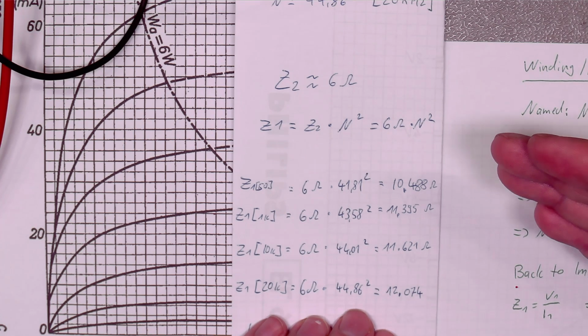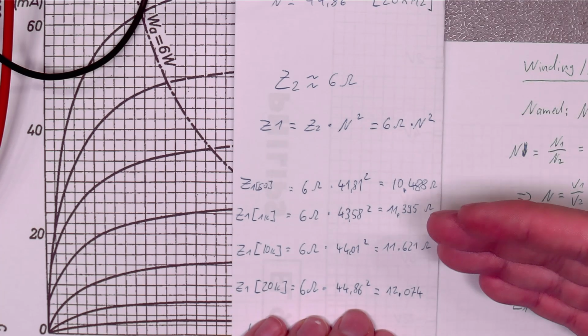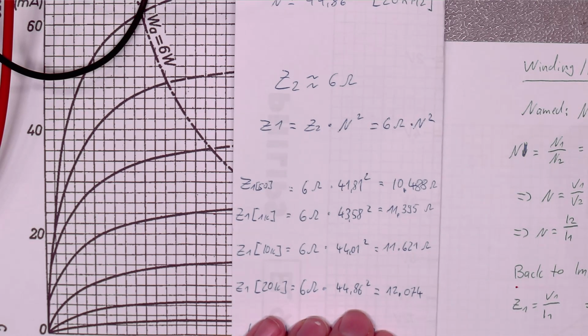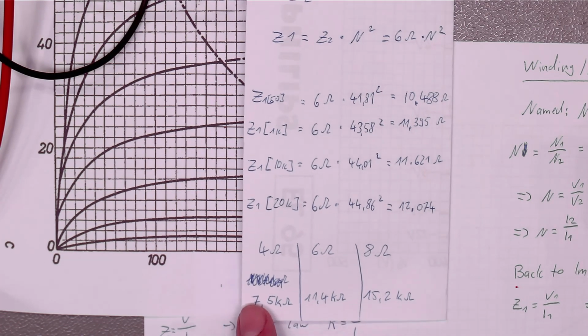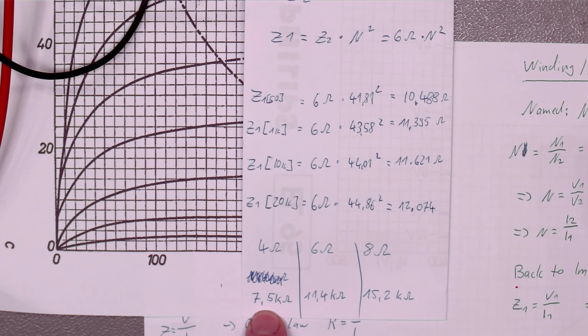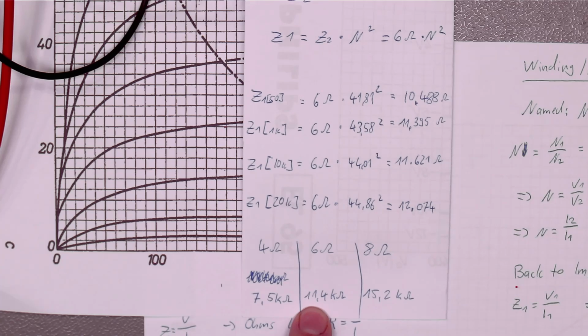Now, what would happen if you do not connect a 6 ohm speaker but instead a 4 ohm or an 8 ohm speaker? Well, this changes things quite dramatically. Let's take a quick look at this and ignore that I scribbled here and miswrote. For 4 ohms, the primary impedance would only be 7.5 kilo ohms, therefore taking way more current from the tube than it would be for the 6 ohms.